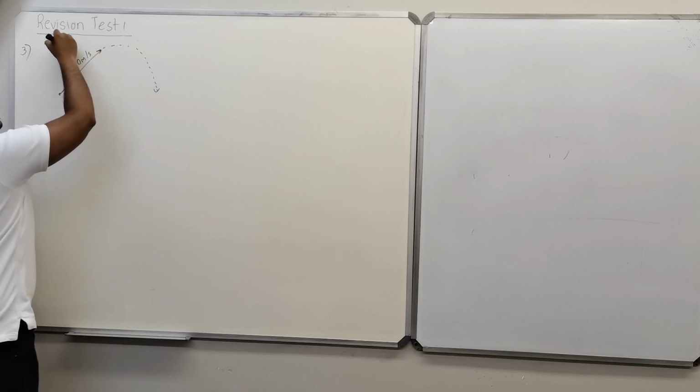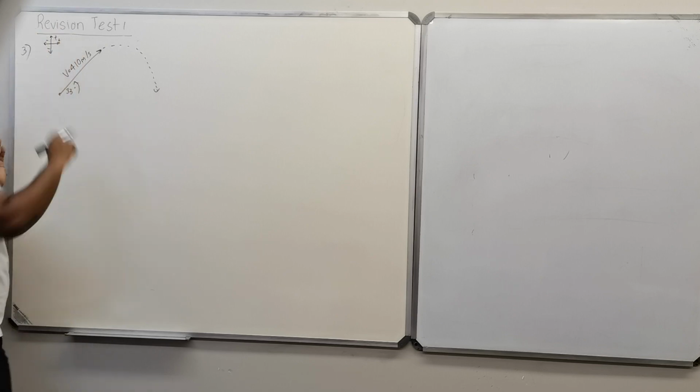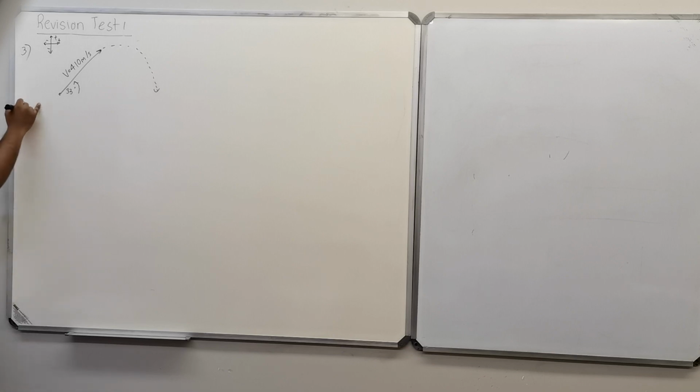This here is positive, this here is negative. Calculate the following: the maximum height reached by the bullet. So this means that our gravity is equal to minus 9.81 meters per second squared.